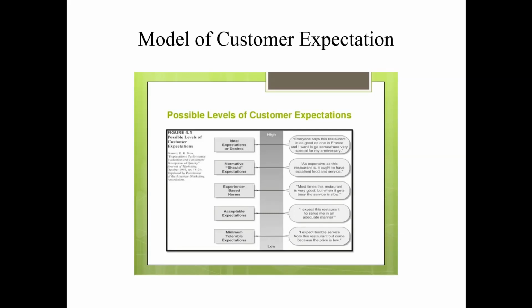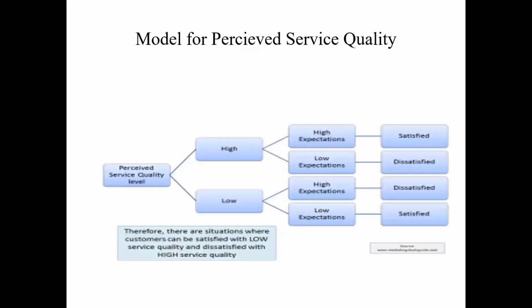Normative or should expectation, which is acceptable by the patient and by the doctor, and experience-based norms, when they have some previous experiences, and on the previous experiences they have some kind of expectation. Acceptable expectation, that is the minimum level of expectation that is accepted from the doctor. Minimum tolerable expectation, that is a low level of expectation and which is given by the doctor.